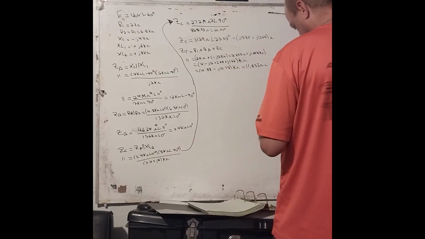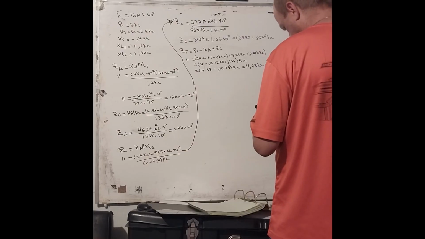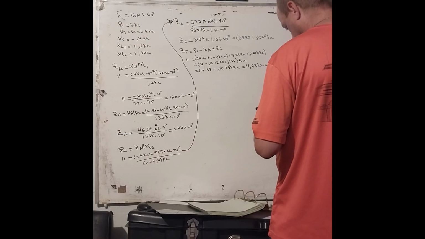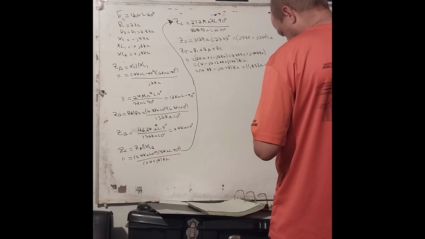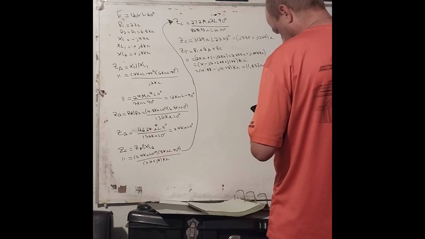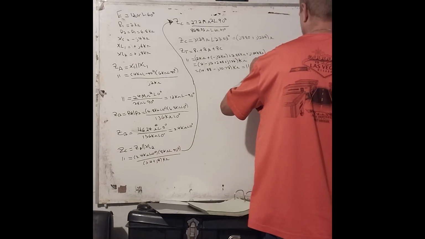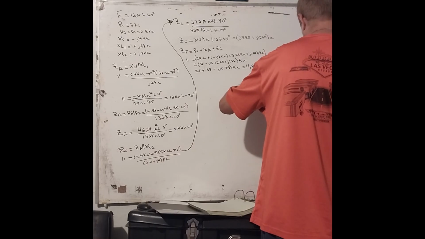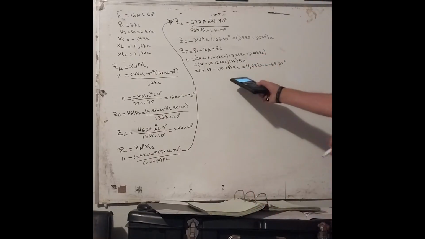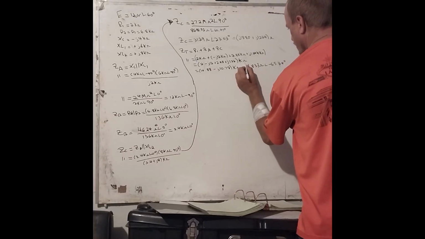That's going to be an angle of, let's see, negative 10.78 divided by 4.88. We get negative 65.64 degrees. So here's our total impedance right here. Here's the first answer to the problem.